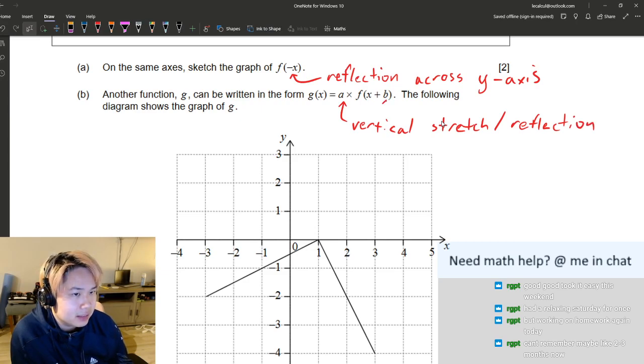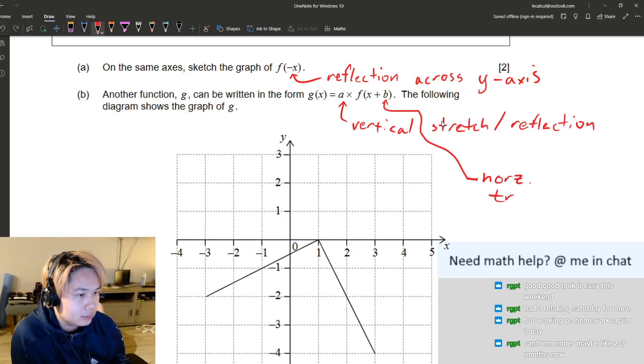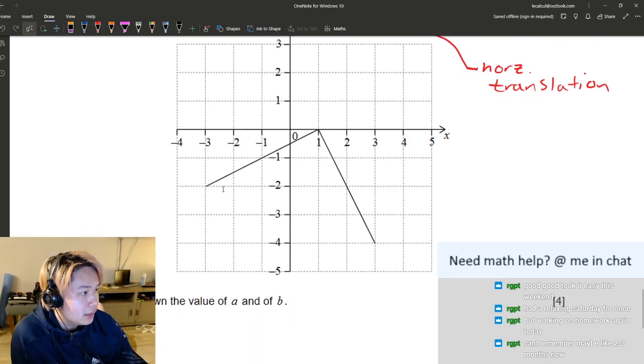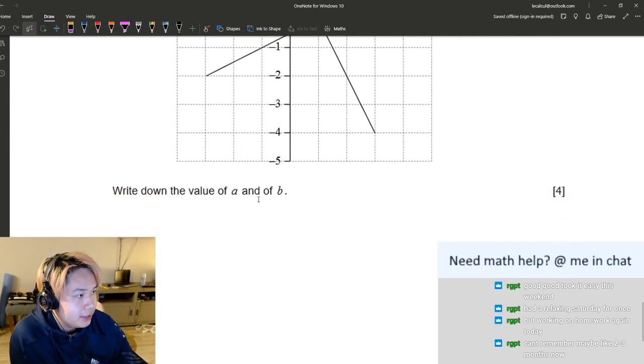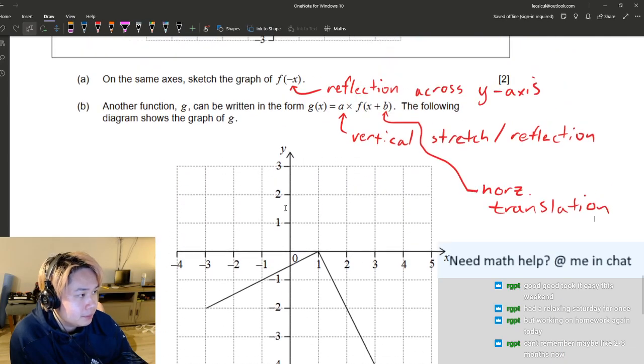And inside the actual function notation itself, parameters, we have a horizontal translation. So here is the two transformations applied to f, which creates this g. And then we just need to find out what a and b are.